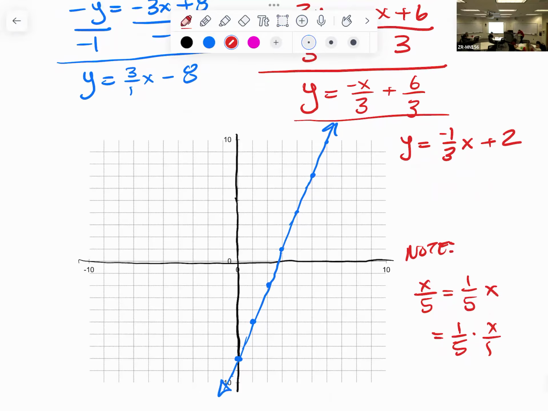And our red line, y-intercept at 0, 2. Is everyone getting familiar with graphing? Slope-intercept form, always start with your y-intercept, then just count it. What's the slope of our red line? -1/3. So down 1, over 3.